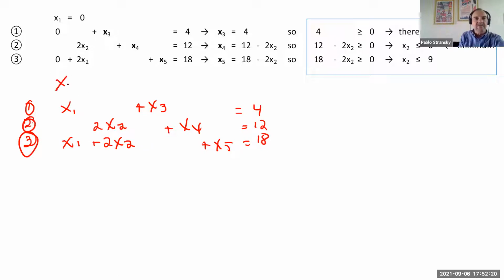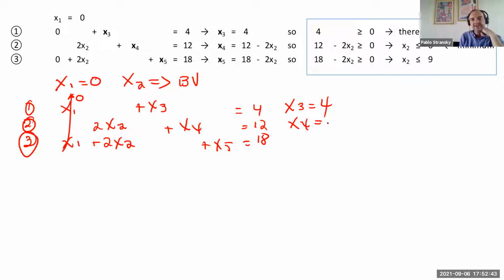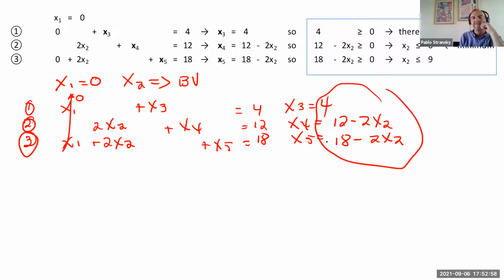So we say that x1 is equal to 0. x2 now becomes an entering basic variable, so we can only change x1 to 0. From this change, we can say that x3 is equal to 4. x4 is going to be equal to 12 minus 2x2. And x5 will become 18 minus 2x2 also. Now, we want to know how far can x2 go at this point.